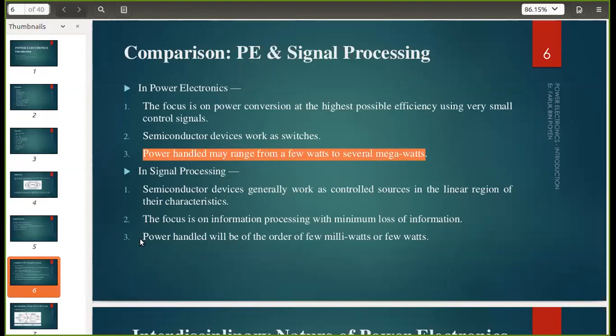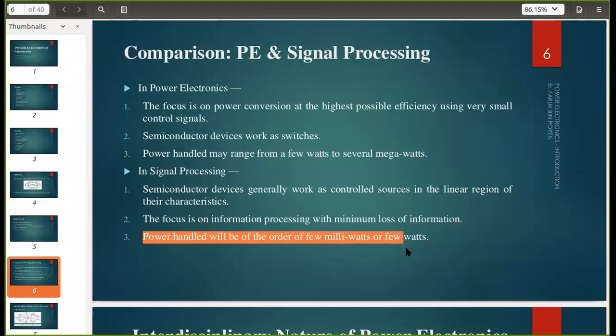But in signal processing, even a very small milliwatt to a few watts of power is still acceptable. It means that several megawatts of power will not be handled under the concept of signal processing. It should be as minimum as possible when you go for processing of signals, or in any processing units in basic electronics.